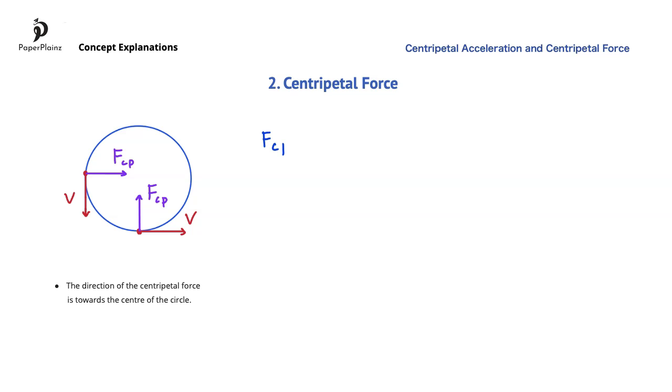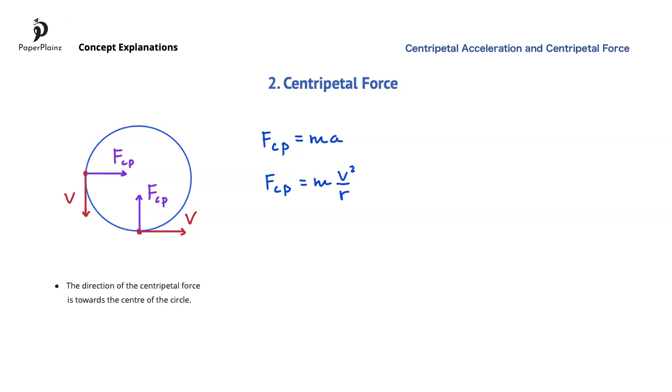So FCP is equal to m times a, where m is the mass and a is the centripetal acceleration. We saw that the centripetal acceleration is equal to v squared over r, so we can simply substitute this into the equation. This gives us that FCP is equal to m times v squared over r. This is one of the two formulae to calculate the centripetal force.